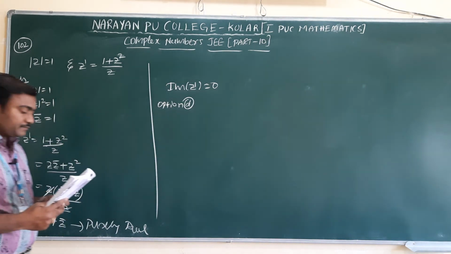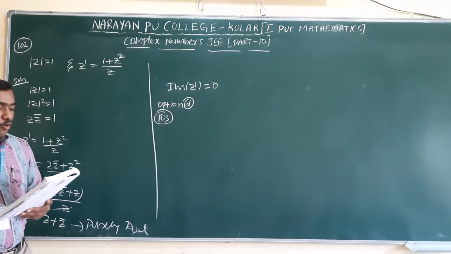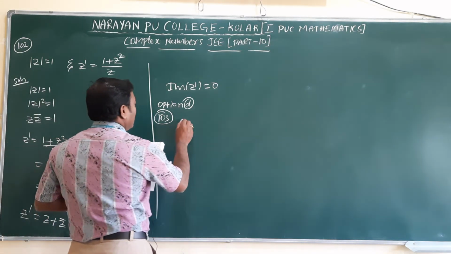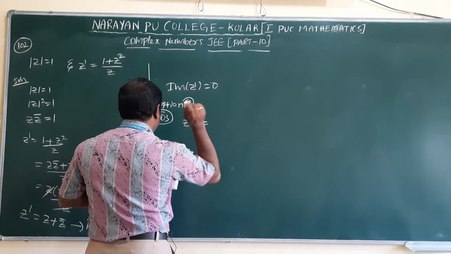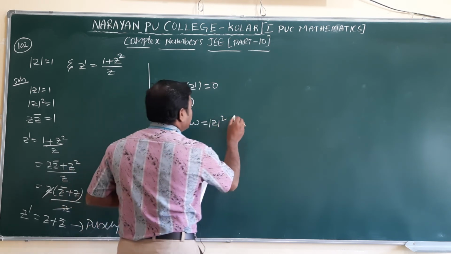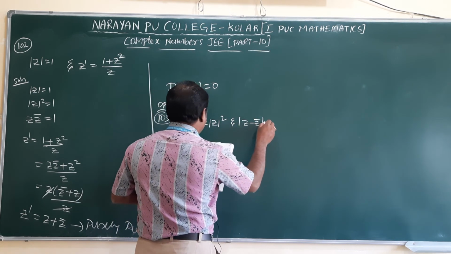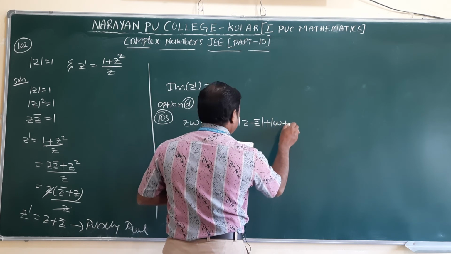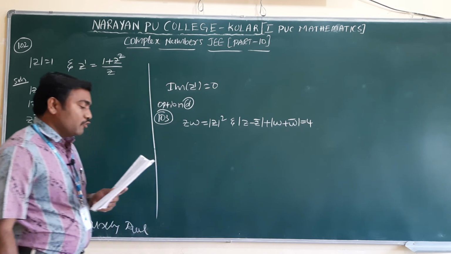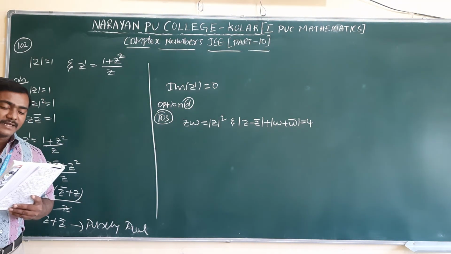Next question, question number 103. If omega is any complex number such that z omega is equal to modulus of z square and modulus of z minus z bar plus omega bar is equal to 4, then as omega varies, the area bounded by the locus of z is.